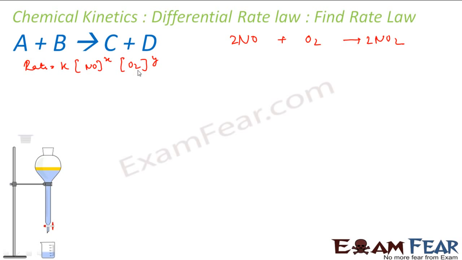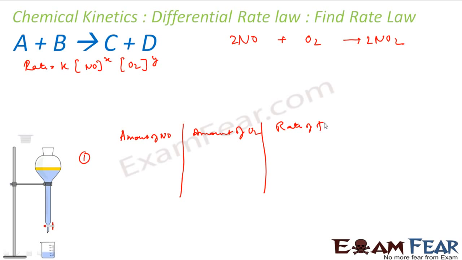So let's do experiment. So let's do experiment 1. Let's suppose this is my amount of NO, we'll put here. This is amount of oxygen, we'll put here, and this is rate of formation of NO2, we'll put here.